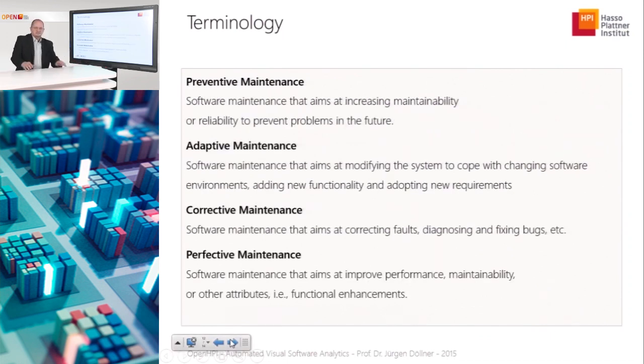The 4 dimensions included in maintenance are summarized here: preventive maintenance, aiming at increasing maintainability or reliability to prevent problems in the future; adaptive maintenance, that aims at modifying the system to cope with changing software environments, adding new functionality or adopting new requirements; corrective maintenance, that aims at correcting faults, diagnosing and fixing bugs; and finally, perfective maintenance, that aims at improving performance, maintainability, or other attributes such as functional enhancements.